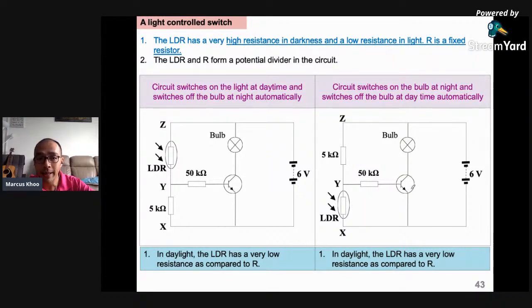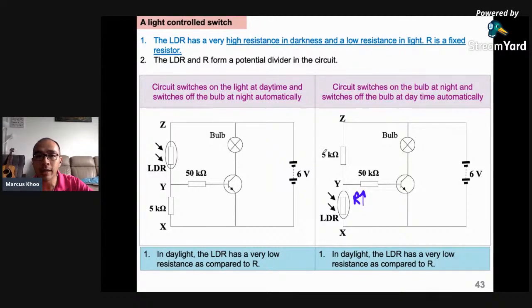Now conversely, at night, there is not enough light. So here will be high resistance. High resistance means the voltage here will be higher. The resistance here will be higher than here.